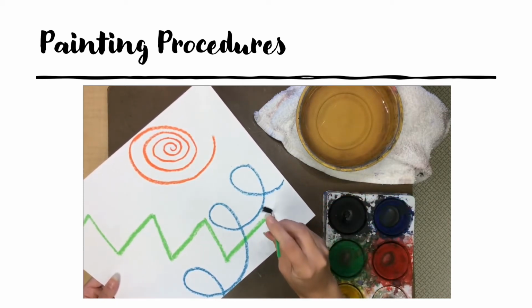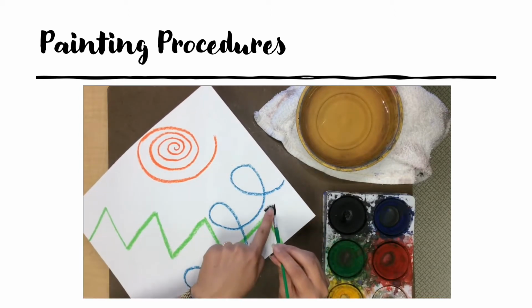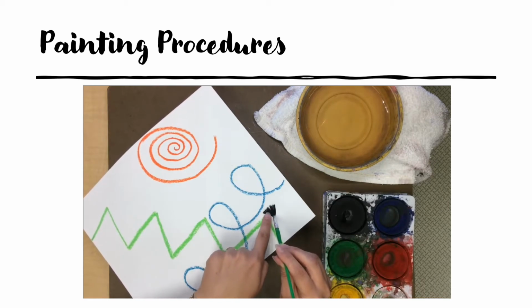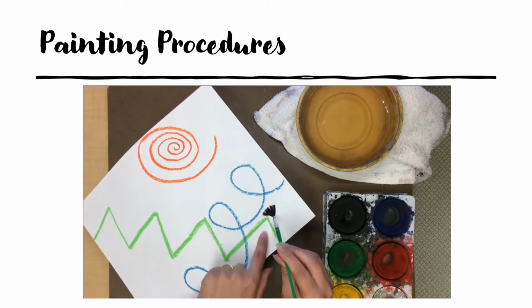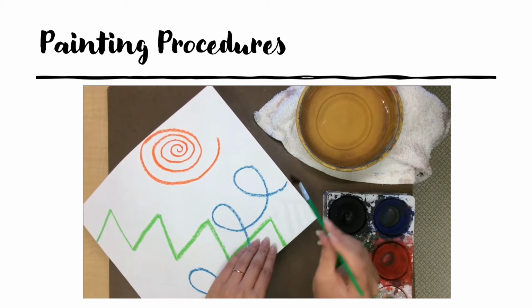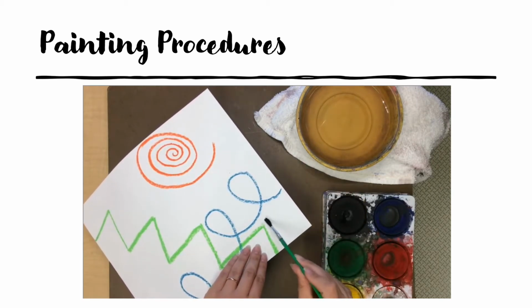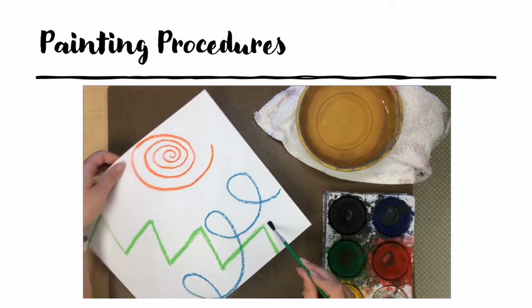If you start to push hard with your brush, you can see how all its bristles, all its little hairs, go every which way. That's called having a bad hair day. That will happen if you push too hard. So if you're gentle, it should stay nice and pointy just like this.